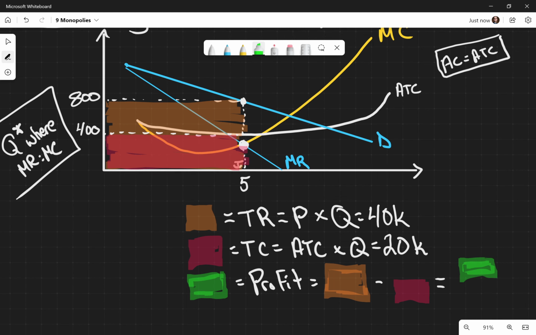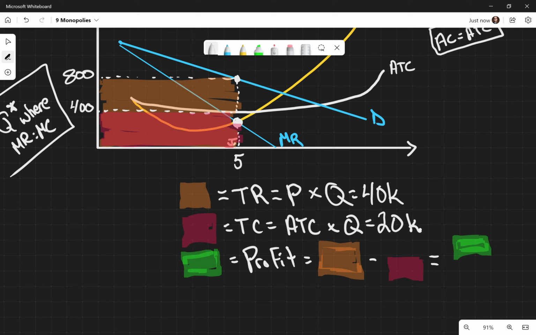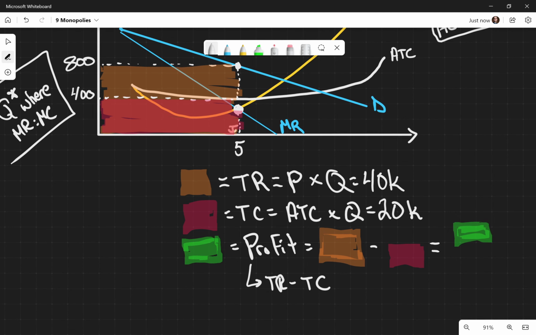The other way we can think about this is that profit is equal to total revenue minus total cost. We know the total revenue is price times quantity. We know the total cost is average total cost times quantity.